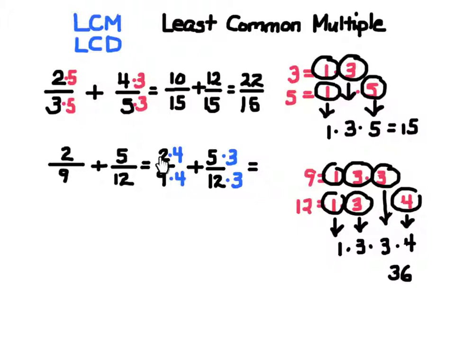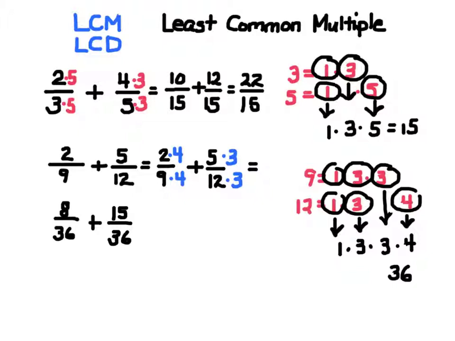Okay, so 2 times 4 is 8, over 9 times 4 is 36, plus, and the next fraction, 5 times 3 is 15, and that's over 12 times 3, which is 36.